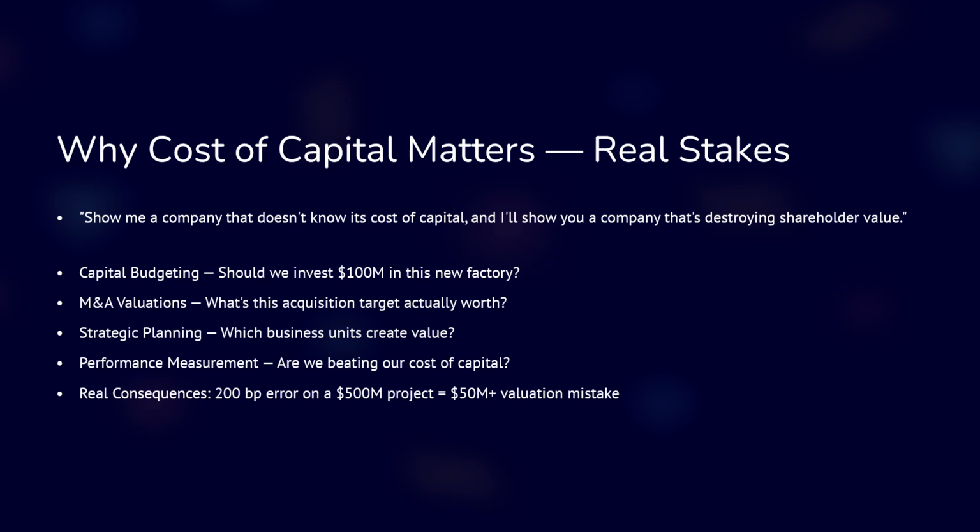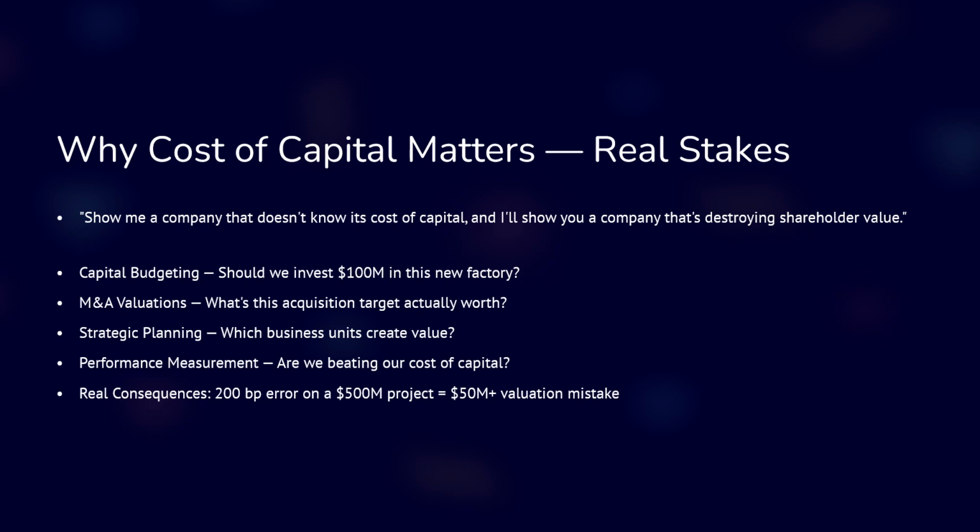Let me give you some real examples of why this matters. You may have heard of WeWork. In 2019, part of their spectacular valuation collapse came from using unrealistically low discount rates in their projections. When investors applied appropriate cost of capital to their cash flows, the $47 billion valuation became obviously absurd.